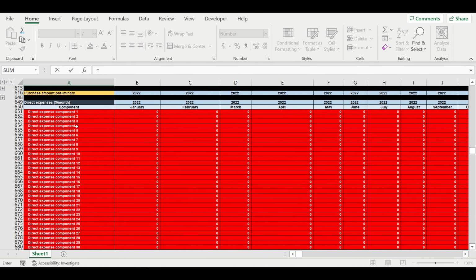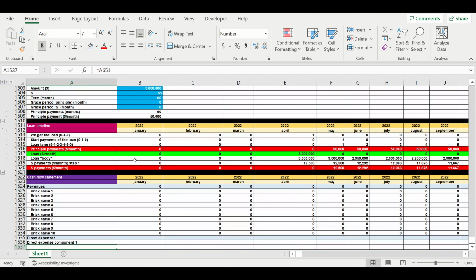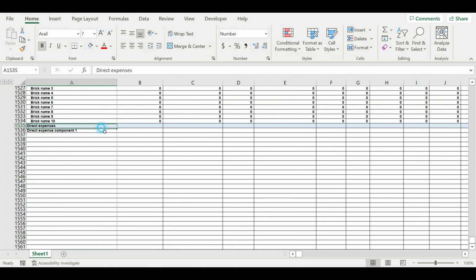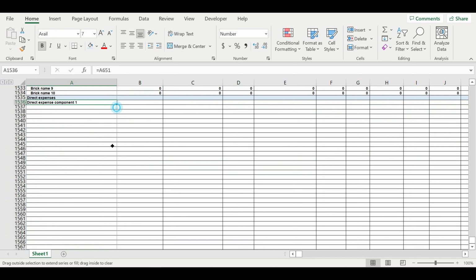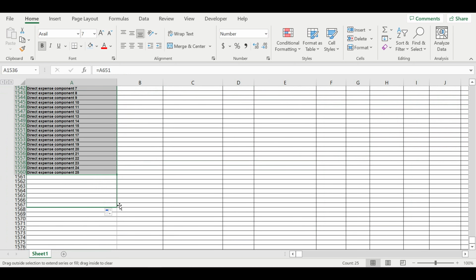These are all components that are used in our production process. They are marked with red. Earlier we did that to find them easily inside the model and move them to the cash flow statement. So we have 30 components which we use in the production process of different types of bricks.